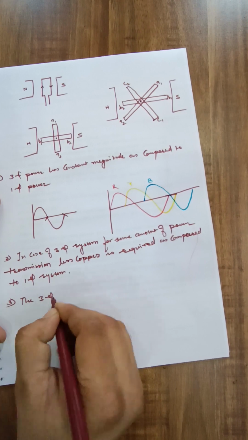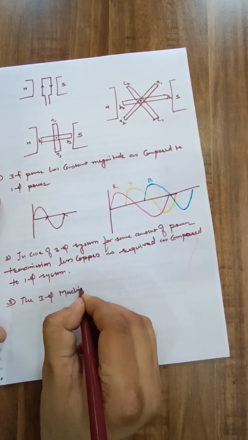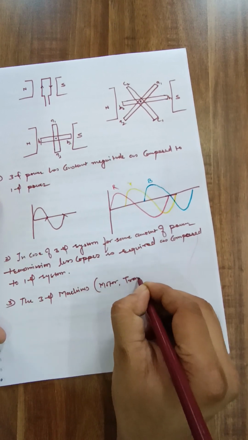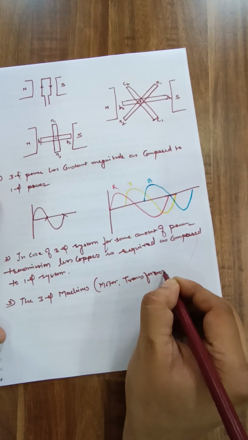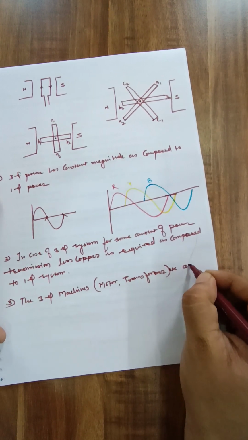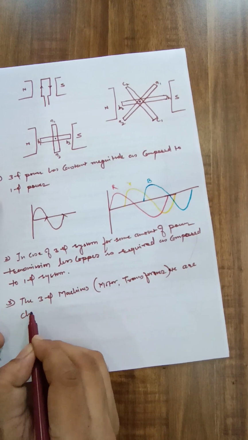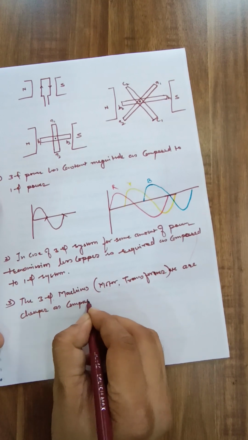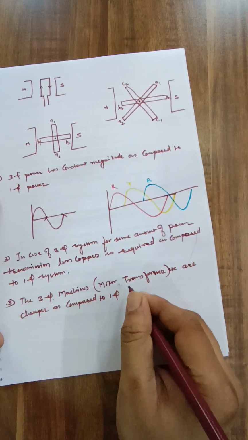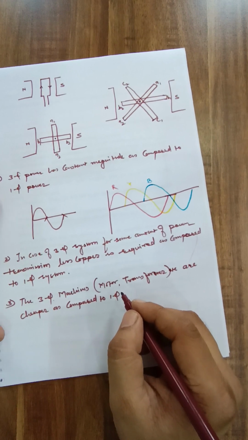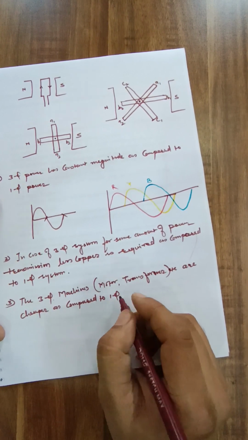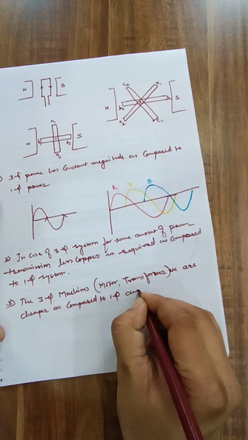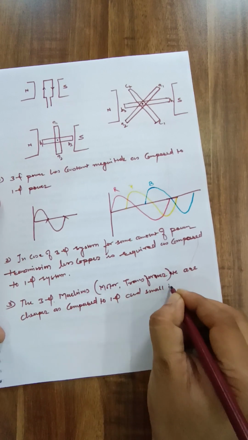Next one can be the three phase machines. The three phase machines like motor, transformer, etc. are cheaper as compared to single phase, and small in size.